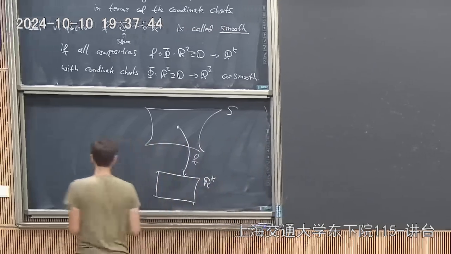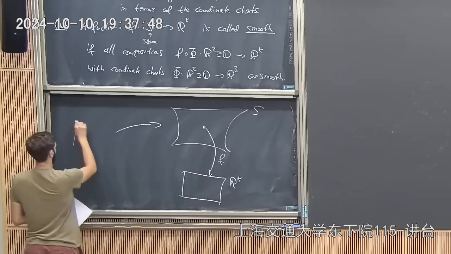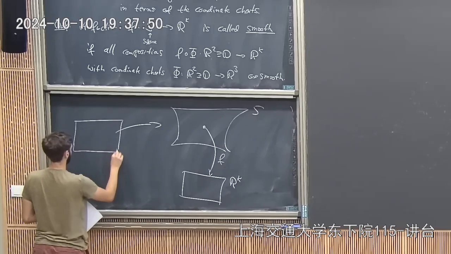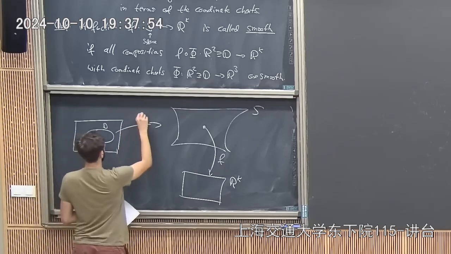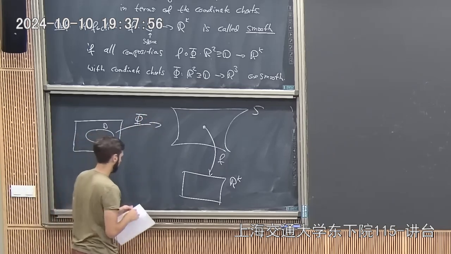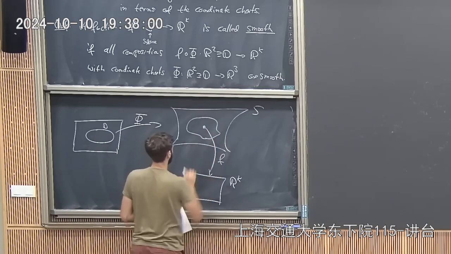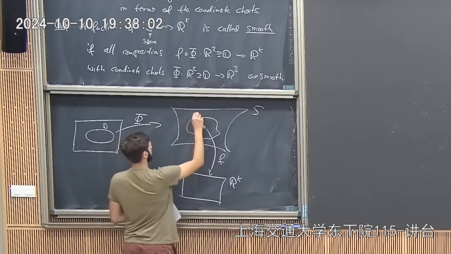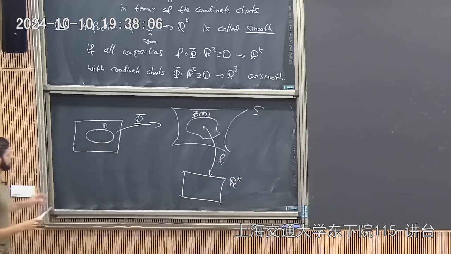The idea is that we look at parameterizations or coordinate charts. This one maps to our surface, so we get a nice subset there.